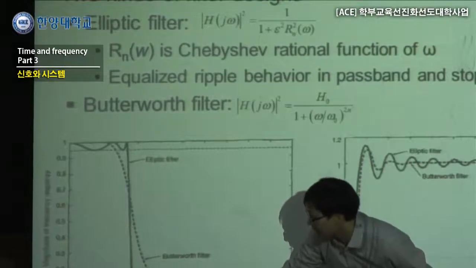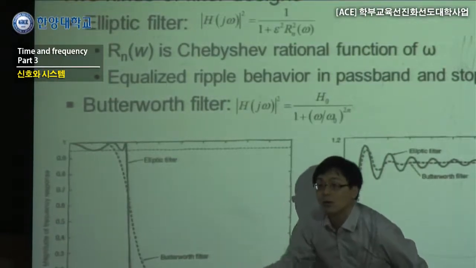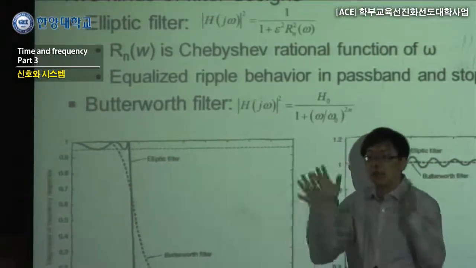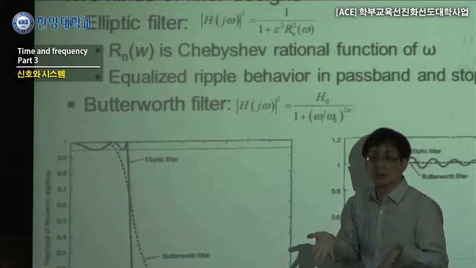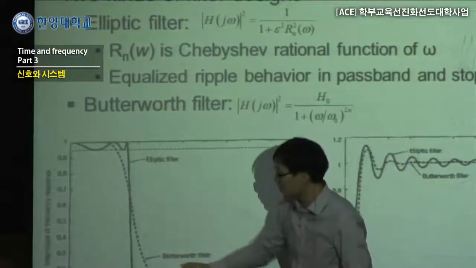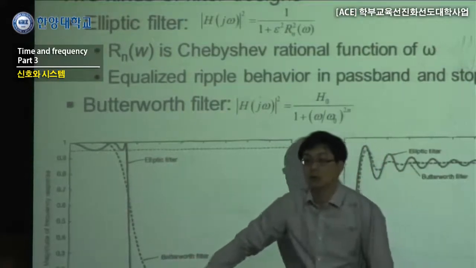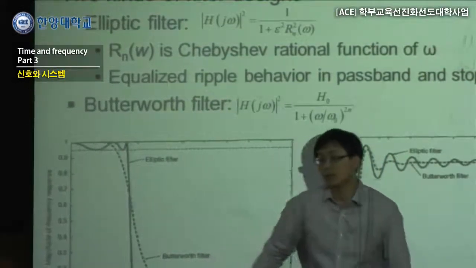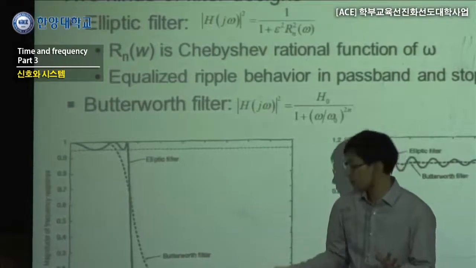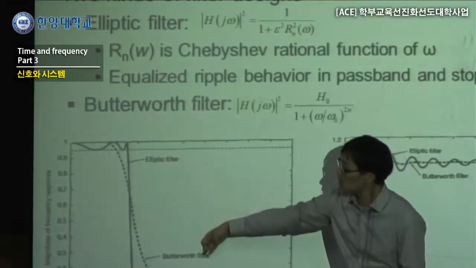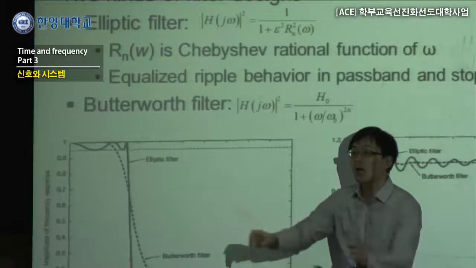Here, some of it still passes. It is not 0. So we cannot perfectly stop the signals. In the case of the Butterworth filter, it is flat. It's almost 0. So in stopband, ripple wise, the Butterworth filter is better than the elliptic filter.